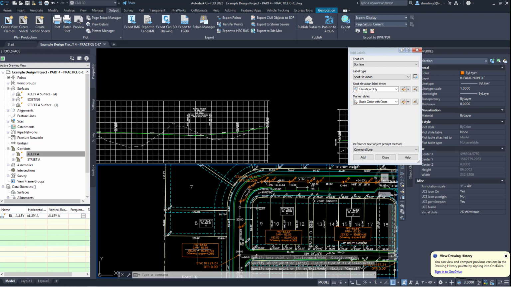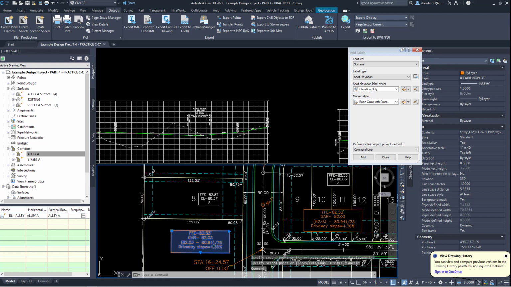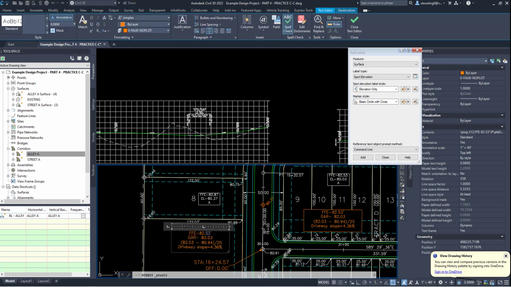It won't print because it's on the no plot layer. So just to do the math, I've got 82.87. So that gives me 83.37. 82.37. And I have a hard time typing today. That should be a 7.